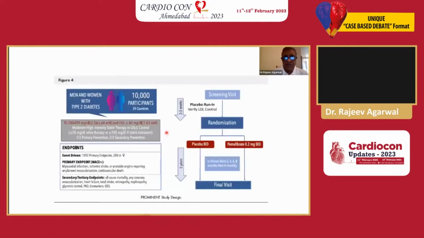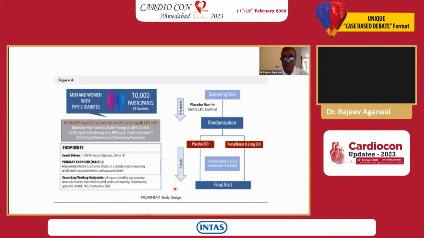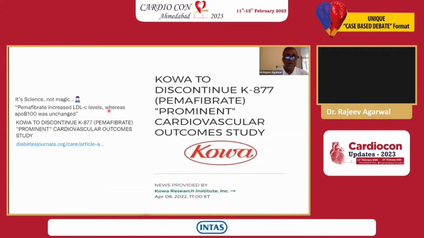PROMINENT was a study which was weighted a lot because it was specifically directed to triglyceride. Pemafibrate was used, 10,000 participants, 24 countries. Unfortunately, last year it died because it increased the LDL-C level, whereas ApoB100 was unchanged, and the study was withdrawn and presented as a neutral study.